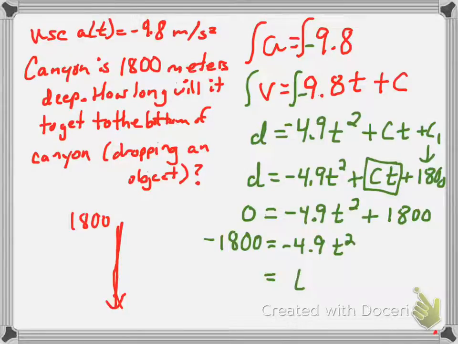And so we can take this and divide 1,800 by 4.9 and take the square root of that, and we should get a value that works.